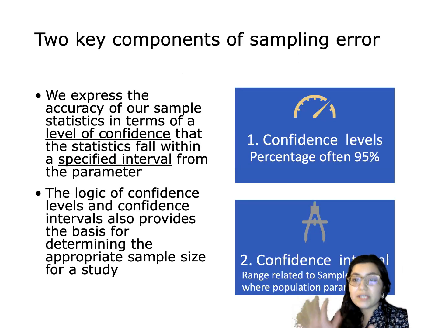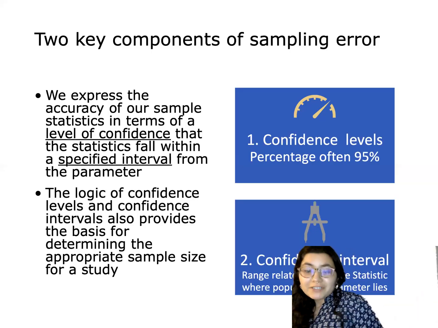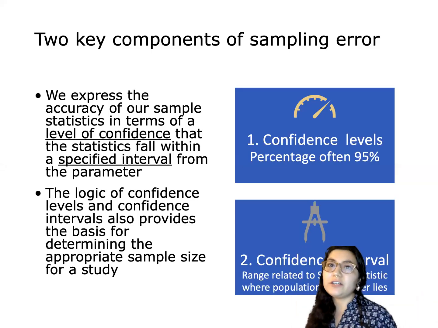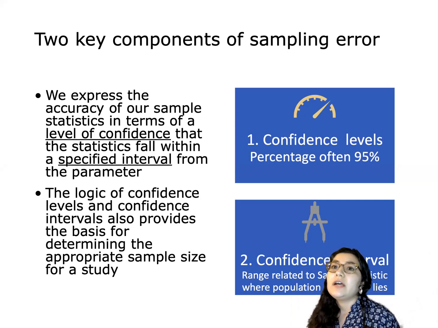And so the two key components of sampling error are confidence levels and confidence intervals. Confidence intervals and confidence levels provide the basis for determining the appropriate sample size for a study.